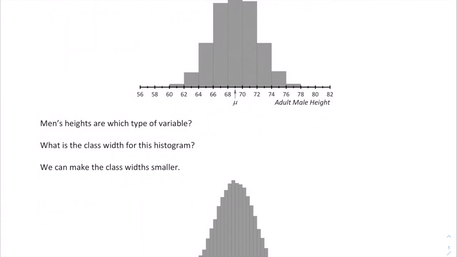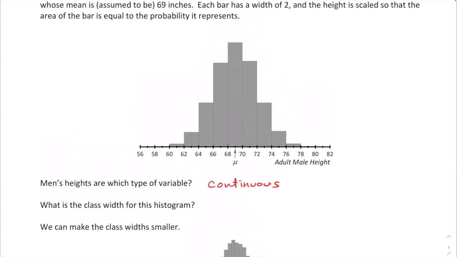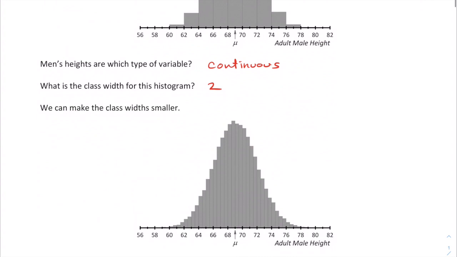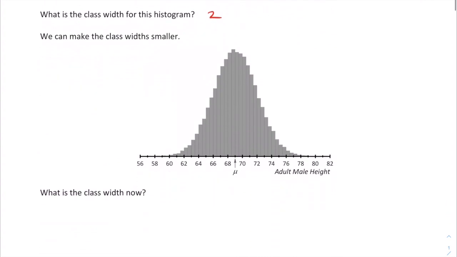So as I mentioned, men's heights are a continuous variable. In this histogram up above, the class width is 2. So one of the bars here goes from 70 to 72. So that's a width of 2. We can make the class widths smaller, like this one.